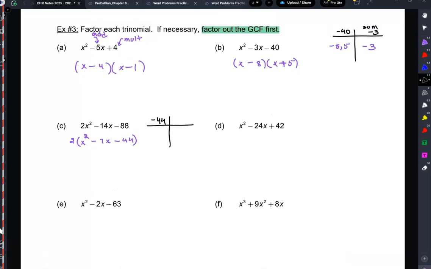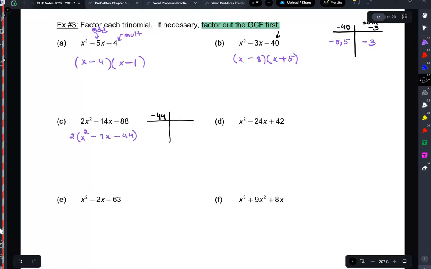So, B, I wanted two numbers that multiply to -40, but add to -3. So Eliana said -8 and 5 is -3. Yeah. So this one I want -44. Oh, look at you guys. So -11 and +4. Good.